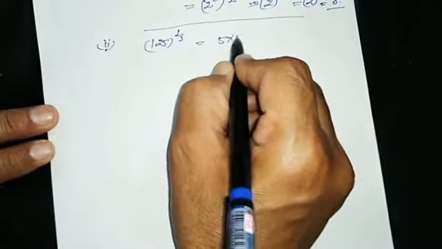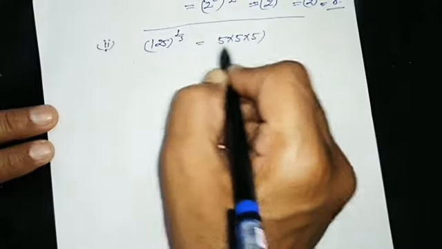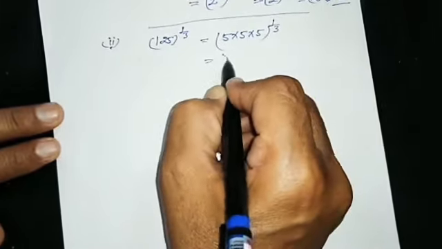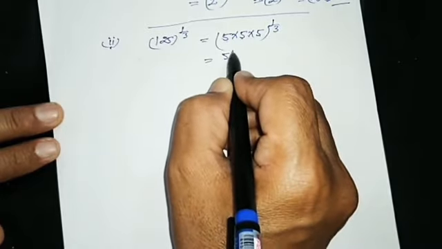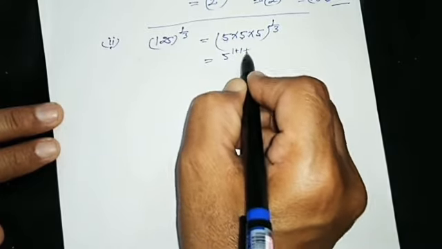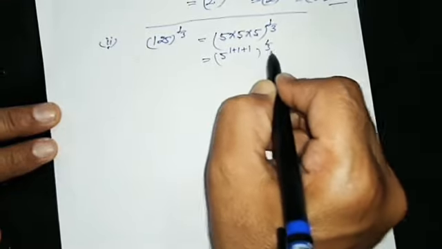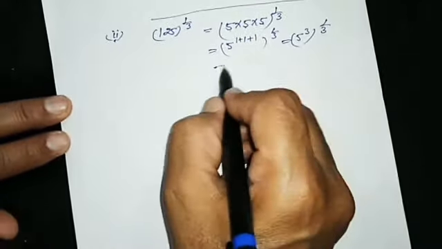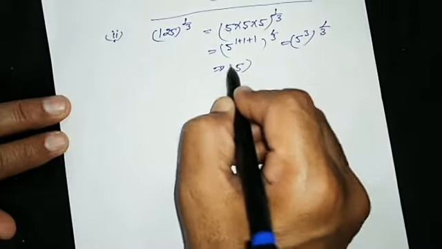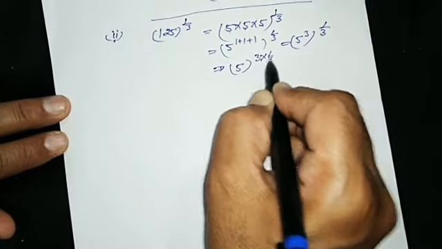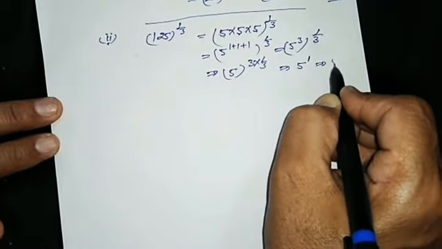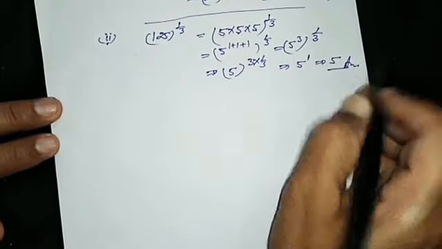Very easy. The prime factors are 5, 5, 5, and we see the base is the same, 5^3, to the power 1 by 3. With one base and powers multiplying, what do you get? That is power 1, and so 5 is the answer.